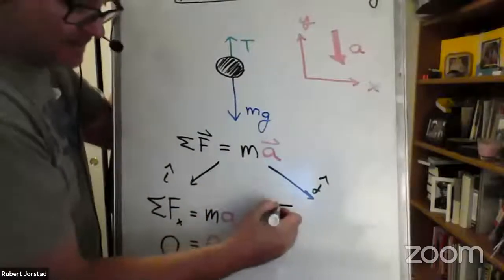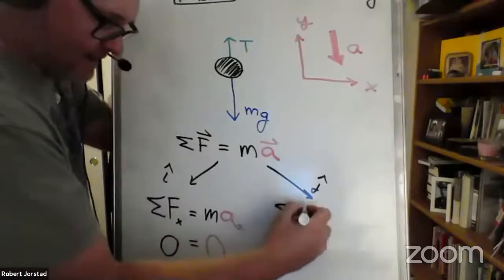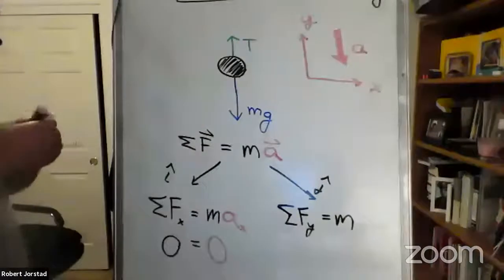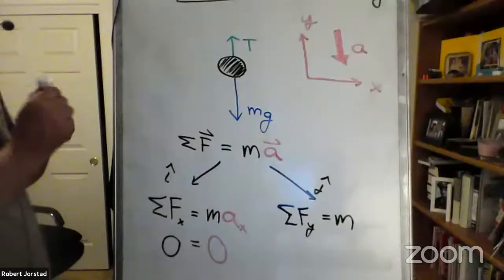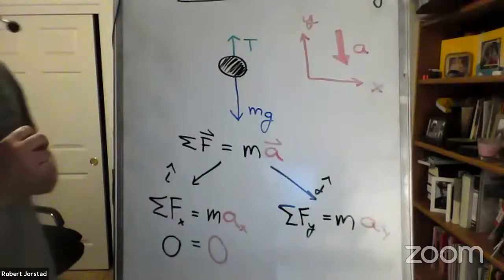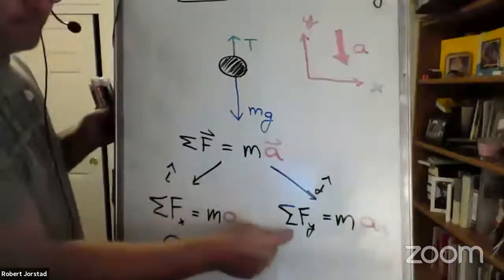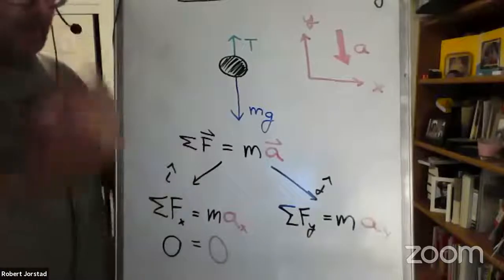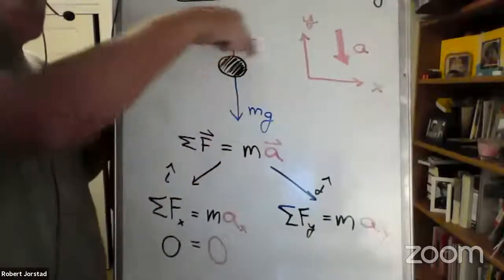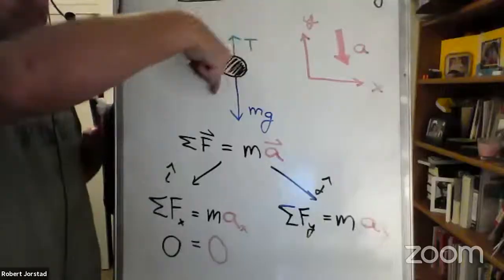So now I'll write down the sum of forces in the y as mass times acceleration in the y. All right, so what's one force acting in the y direction? Somebody say it. Anything. mg. According to the coordinate system, should it be positive or negative? Negative.